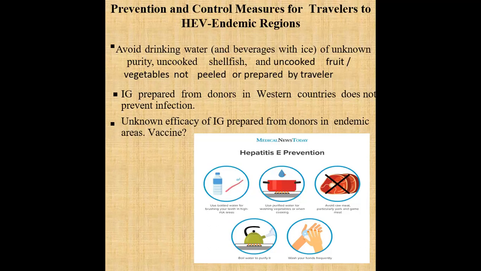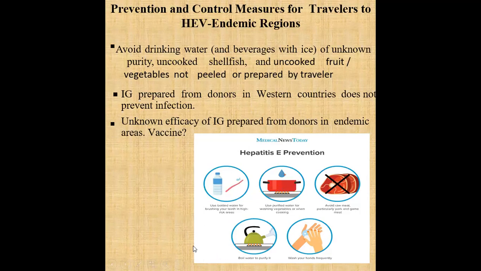If uncooked meat is consumed, there are chances of transmission of hepatitis E. So while traveling or outside, even for brushing, use drinking water for cleaning the brush. Always clean your hands and use boiled or steam-cooked materials.